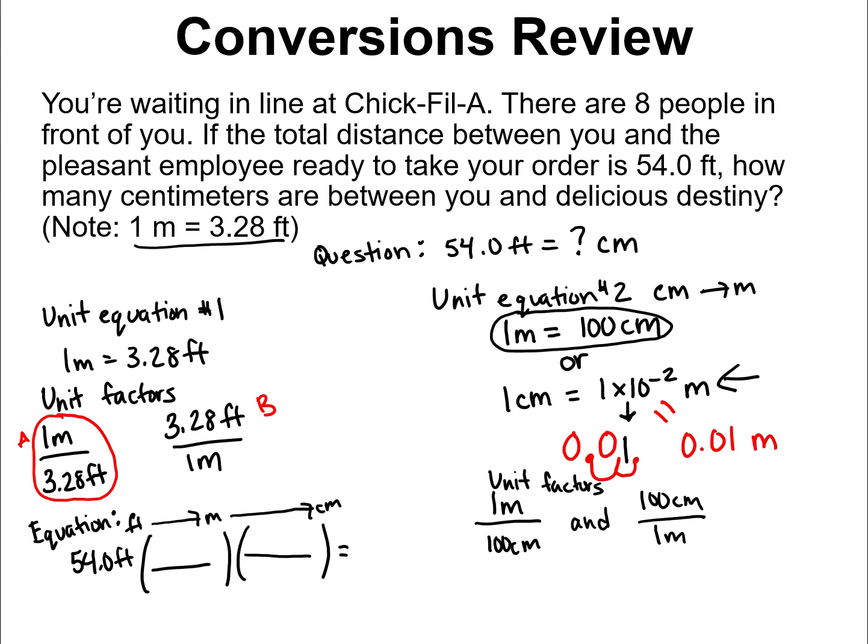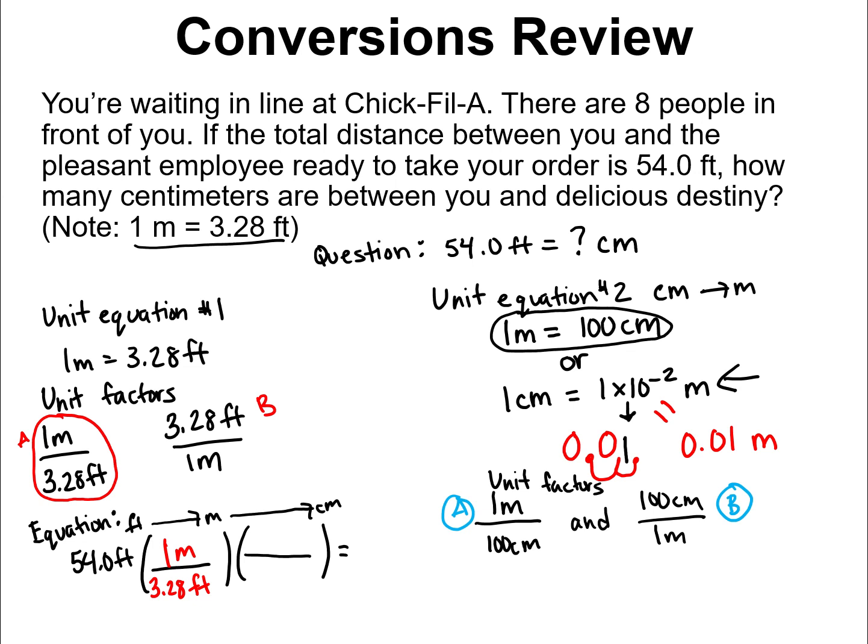So we're going to use A, and that's because the feet need to be in the bottom, the denominator, so we can cancel out the feet in the top. For the next part, we're going from meters to centimeters. Are we going to use A or B?